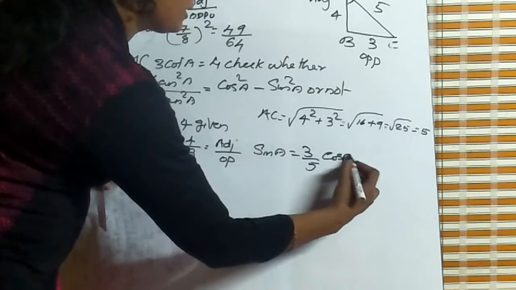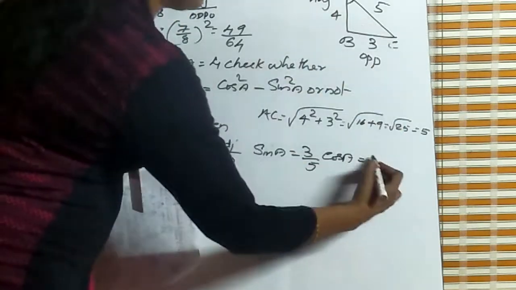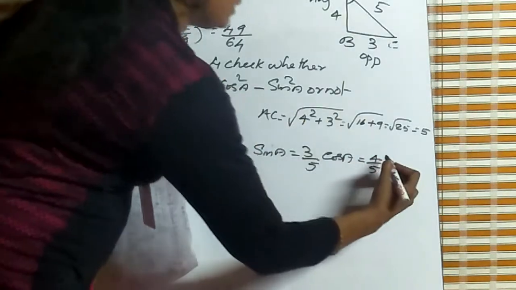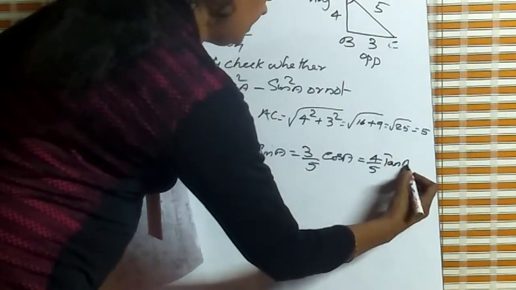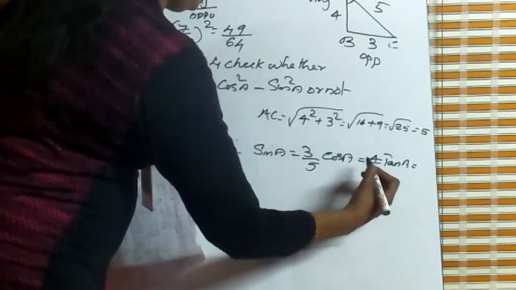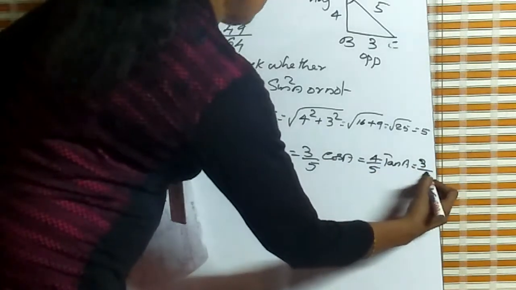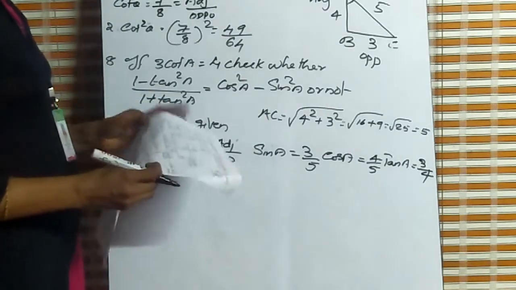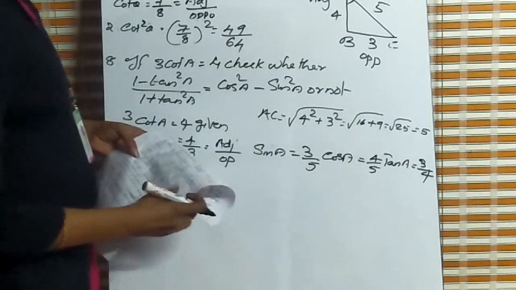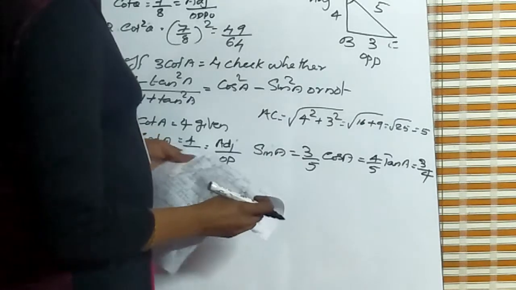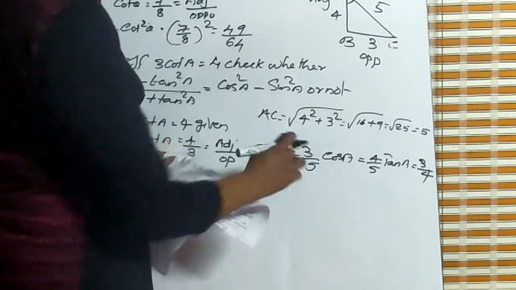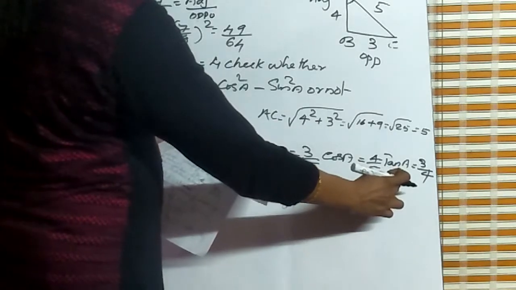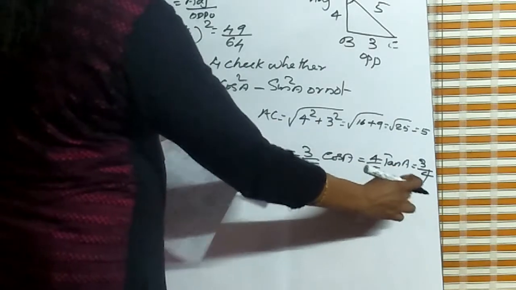Cos A is equal to adjacent side by hypotenuse, 4 by 5. Tan A is equal to opposite by adjacent, 3 by 4, or the reciprocal of cot A.